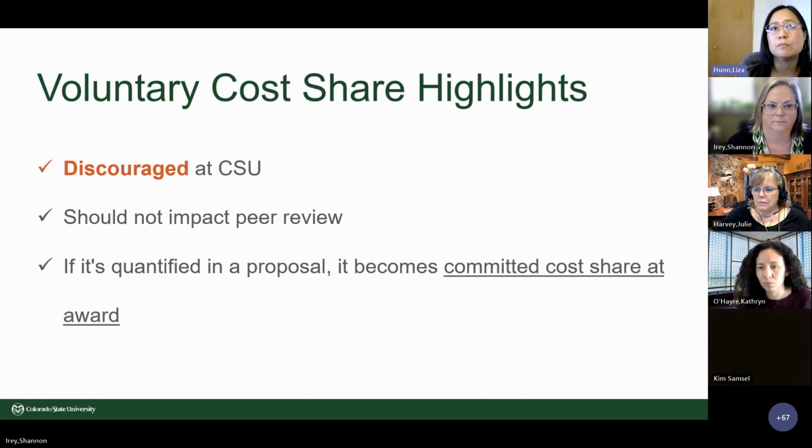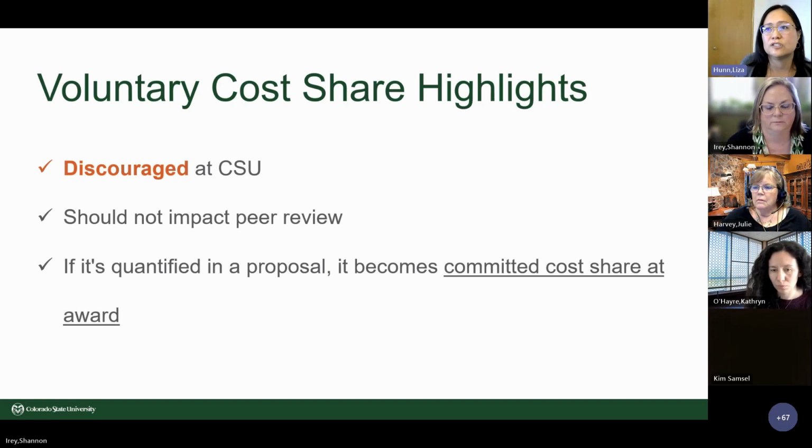Sometimes I see it more often with newer researchers where they feel if they promise their startup package, that somehow their proposal looks better. It does not. So we want to make sure we keep track of that.